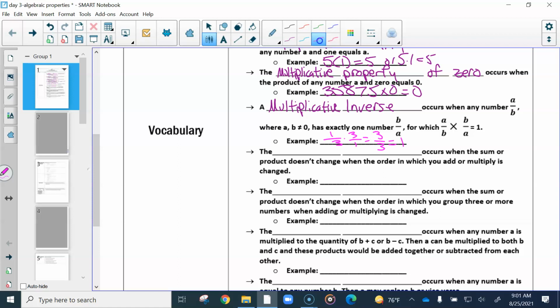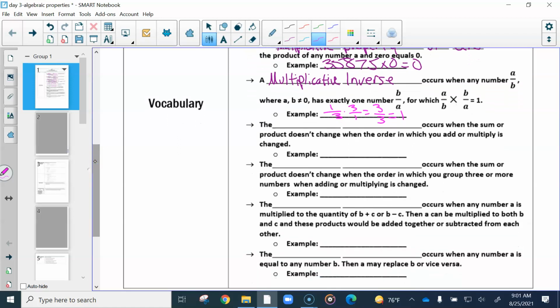So anytime we have a fraction and multiply, what it's called is its reciprocal, we flip it. If we multiply those two together, we'll get 1. And that also works for fractions that don't have 1.